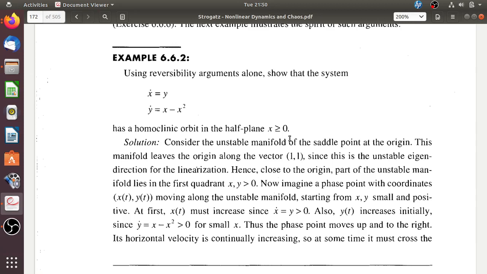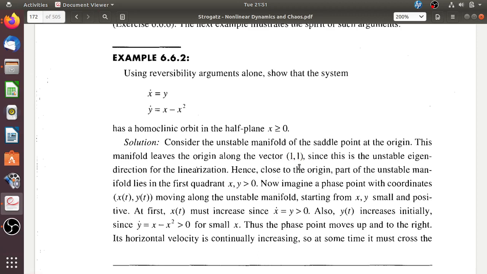If I calculate the eigenvector for the negative eigenvalue, I will get the direction of the stable manifold, and for the positive eigenvalue, the direction of the unstable manifold. Now let's choose the unstable manifold, and if we do the analysis, we will get (1, 1) as the eigenvector.